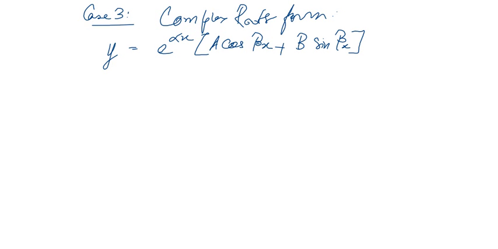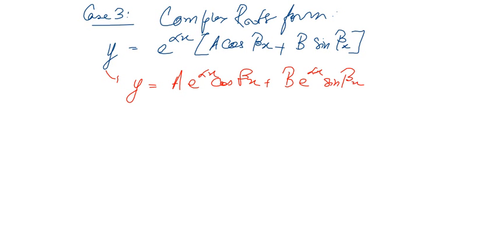On direct expansion, we find that y is equal to a e to the alpha x cos beta x plus b e to the alpha x sine beta x. Now, it is very easy to judge again. This is your y1, this is your y2.